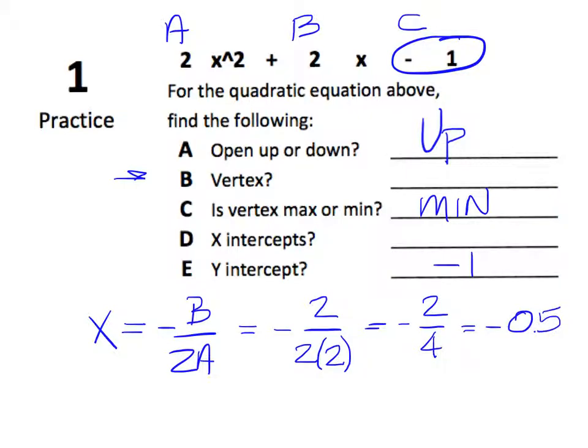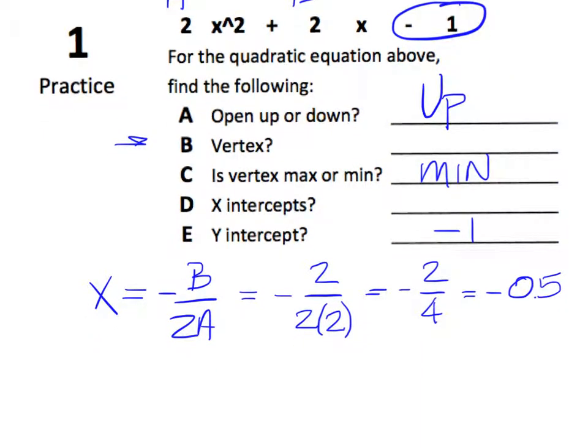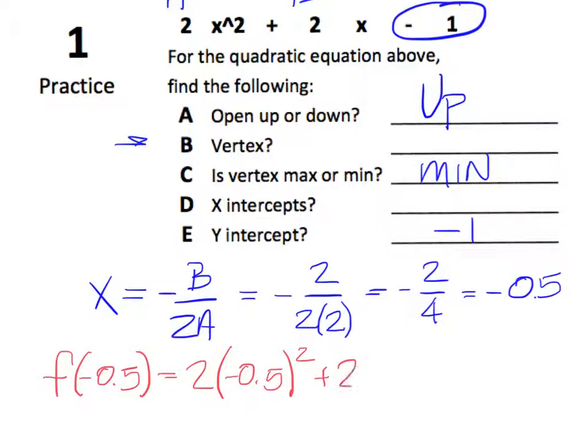That's a terminating decimal. Therefore, you can use a decimal when you plug it back into the function. We will do that now. That should be f of -0.5 equal to 2 times the quantity squared of -0.5, close the quantity, plus 2 times a -0.5, and then -1.